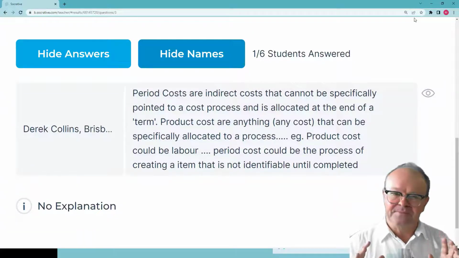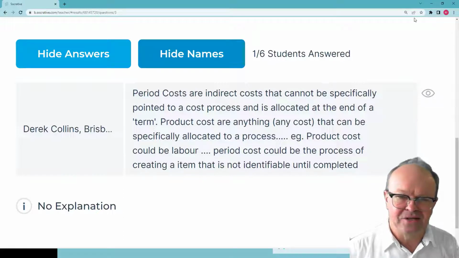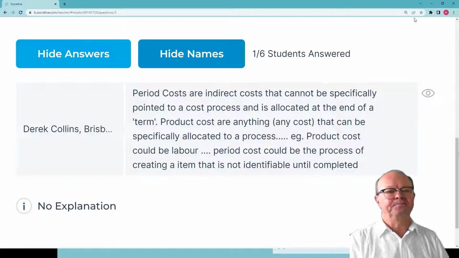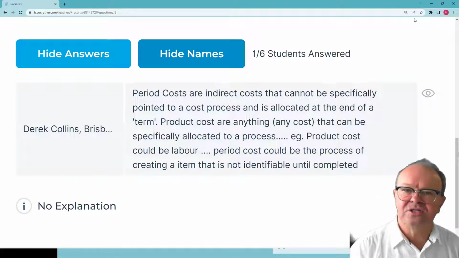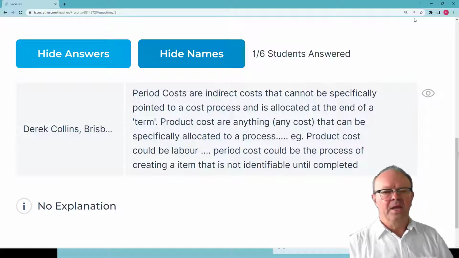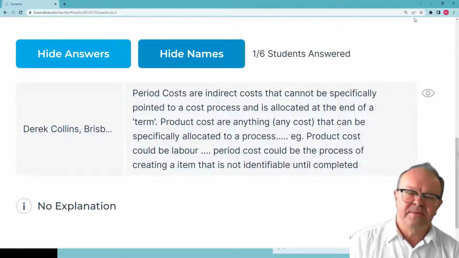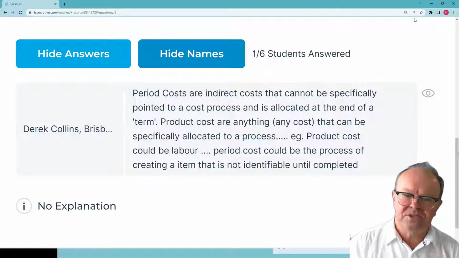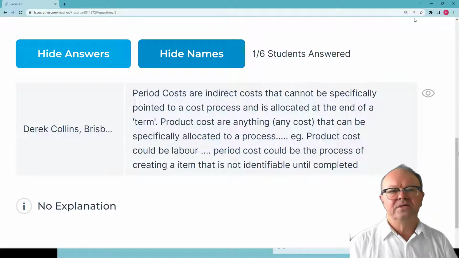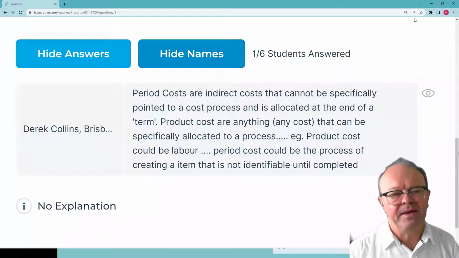Now, period costs are not indirect costs. They're completely different concepts. We're going to look at what indirect costs are. A lot of period costs are also indirect costs, but not necessarily. So we'll look at indirect costs in a minute. We're going to say at the end of a period, they're period costs.